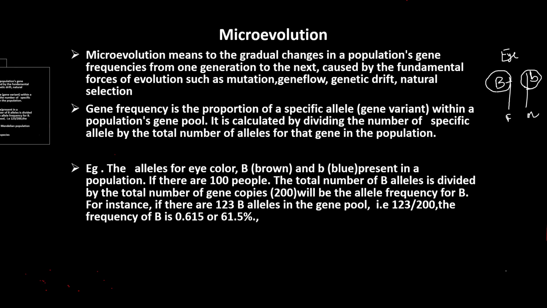If in that population there are 100 people, the gene frequency is the total number of B alleles divided by the total number of gene copies. Suppose the total number of B alleles is 123, and because there are 100 people, each having 2 genes per allele, there will be 200 gene copies.